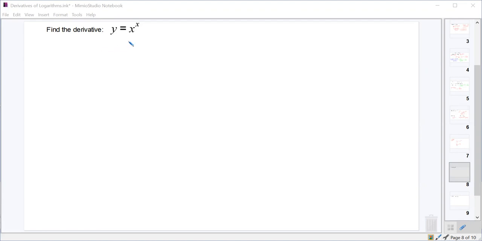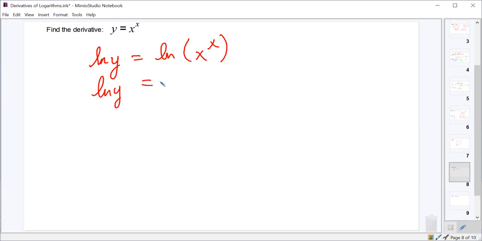You can use any logarithm you want of any base you want. And traditionally, we'll just use a natural log, just because it's less things to write. ln rather than log. We have natural log of y should be equal to the natural log of x to the x, which should let us rewrite this as natural log y equals what on the right? x times natural log of x.